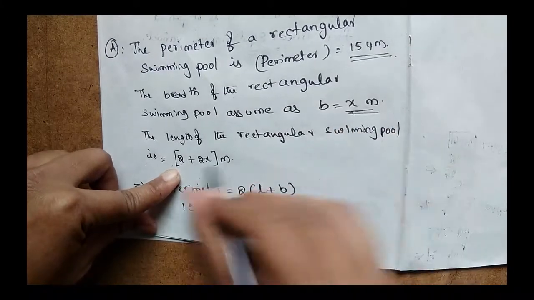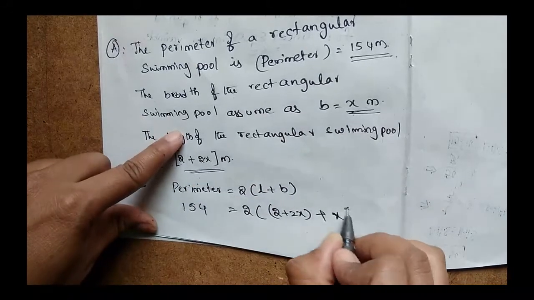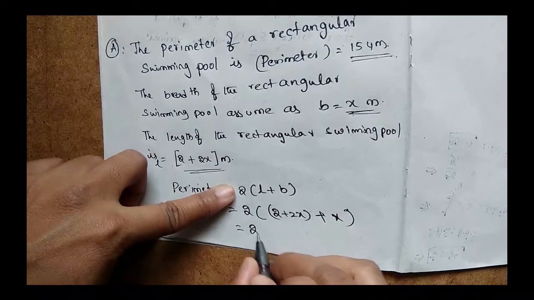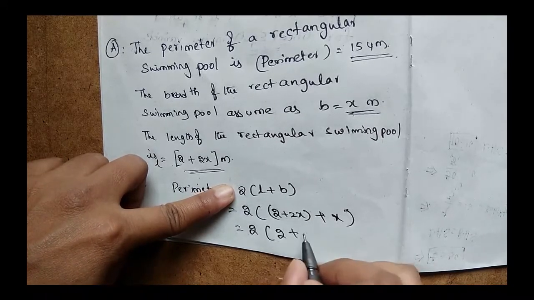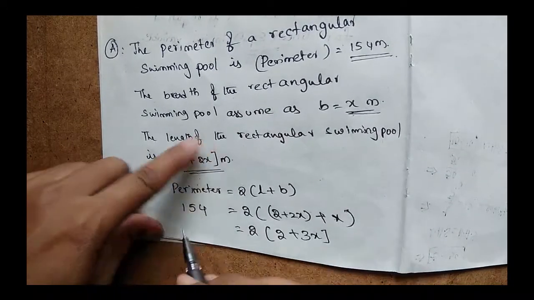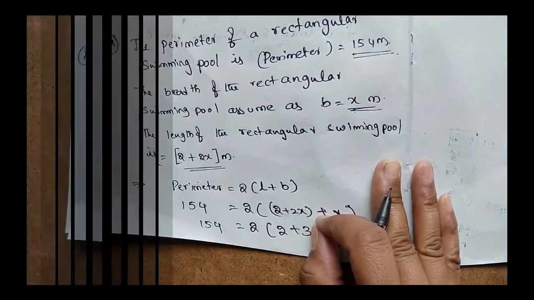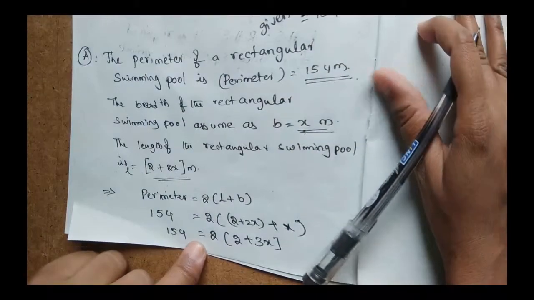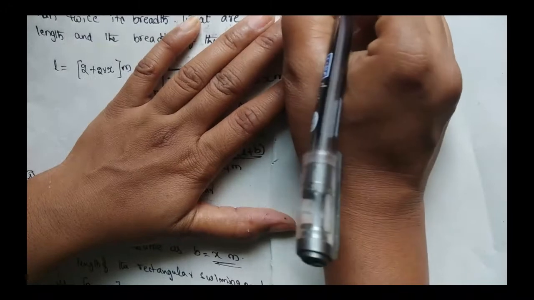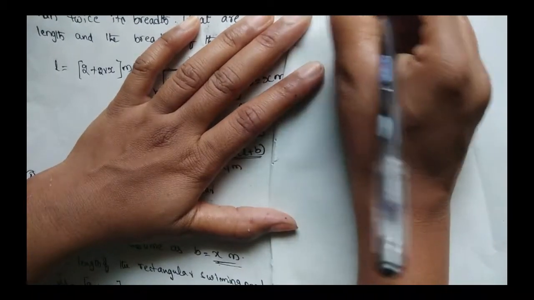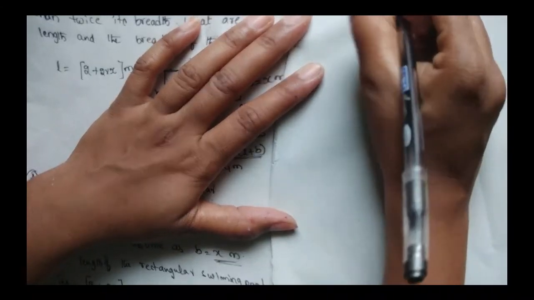Next, 2 into 2 plus 1x and 2x. Here 3x is the answer. Here 154 is common. Next, the equation is 154 equal to 2 into 2 plus 3x.